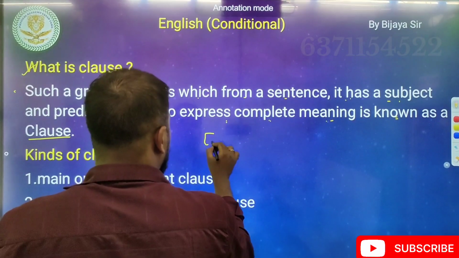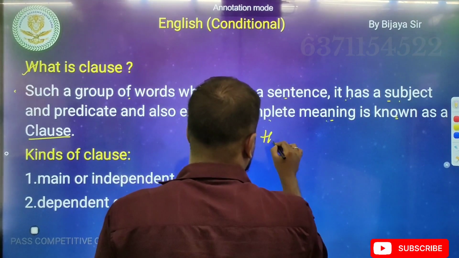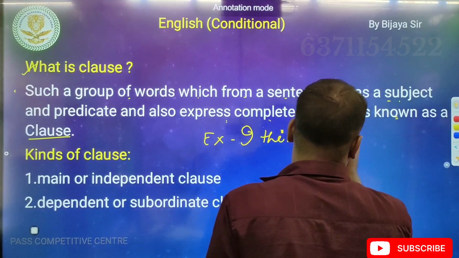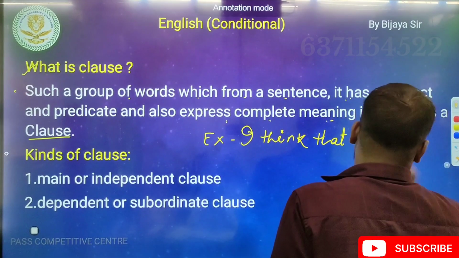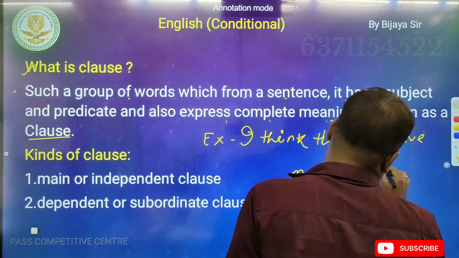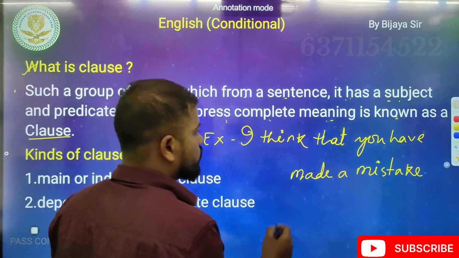Let me give you an example, dear students. It will be easy to understand. I think that you have made a mistake. Look at the sentence, dear students.